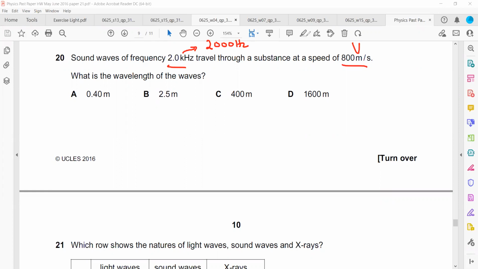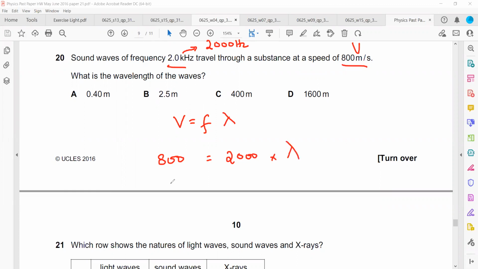What is the wavelength? So the formula which relates the frequency, speed and wavelength is V equals F lambda. So speed is equal to frequency multiplied by wavelength. So speed is equal to 800, frequency is 2000, and the wavelength we don't know.